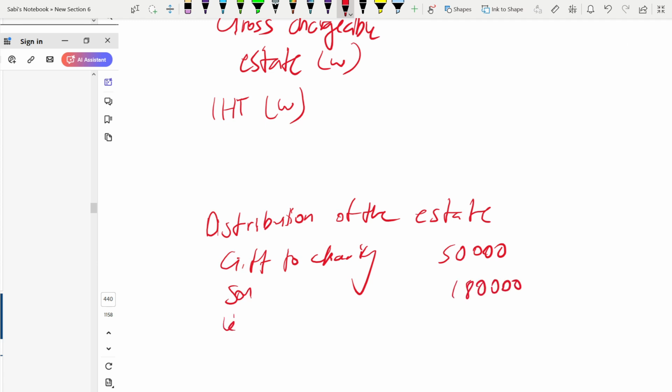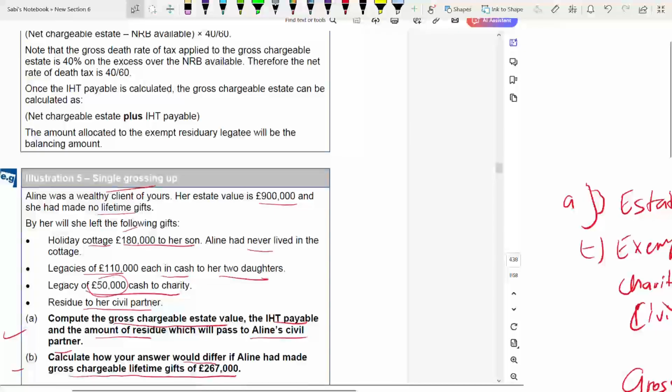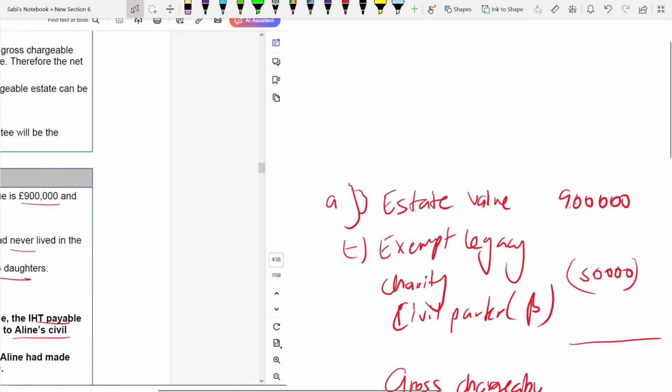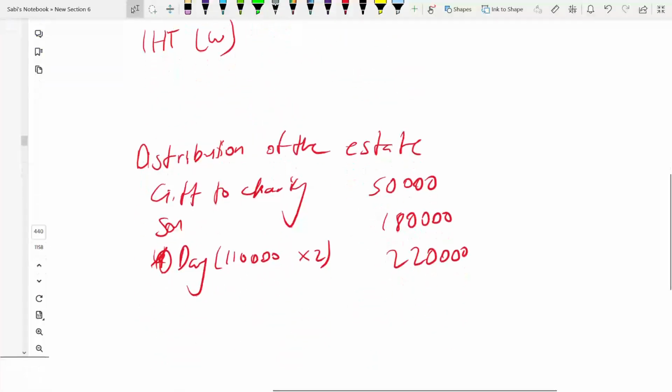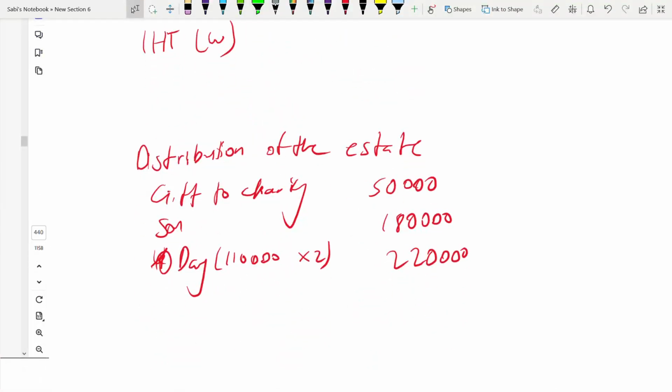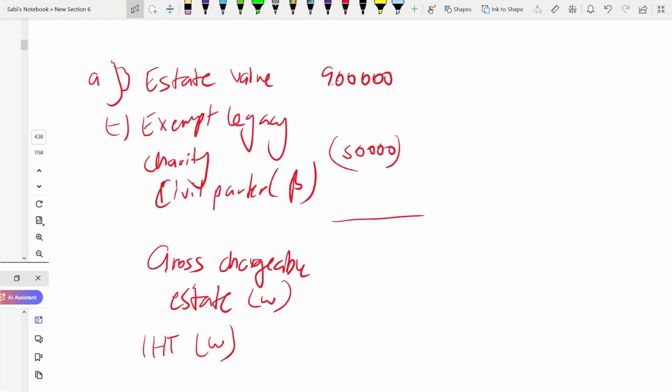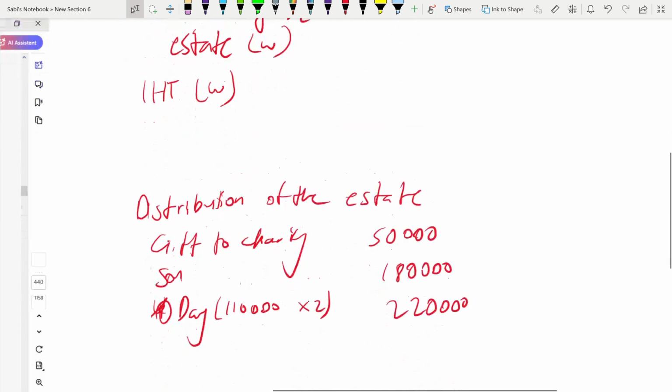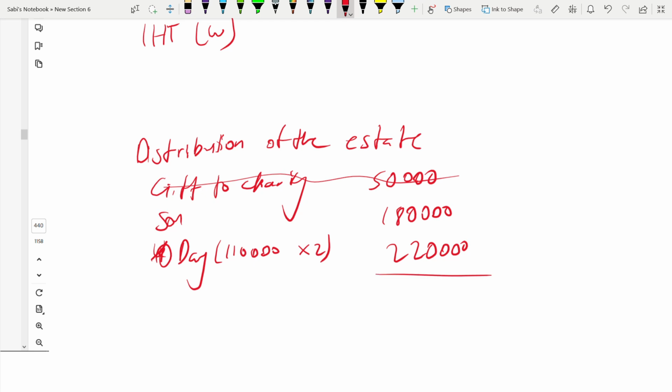Then legacy to daughters, 110 each, two daughters, 220,000. So it's 400. This adds up to 400,000.